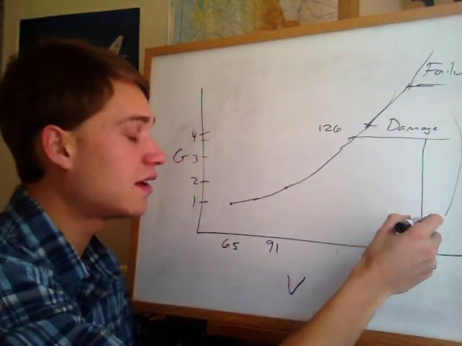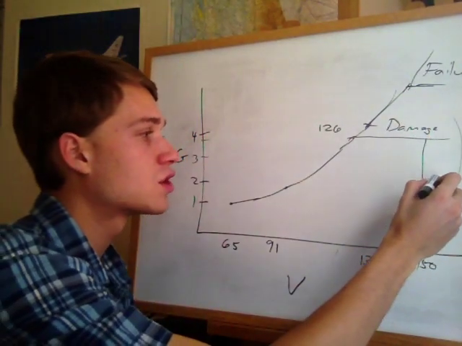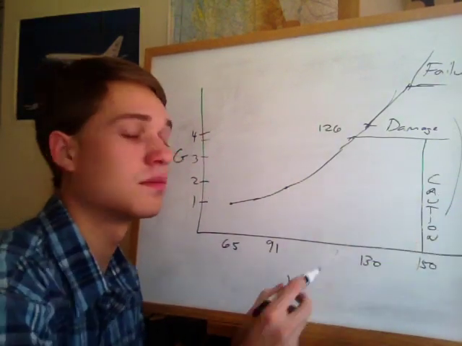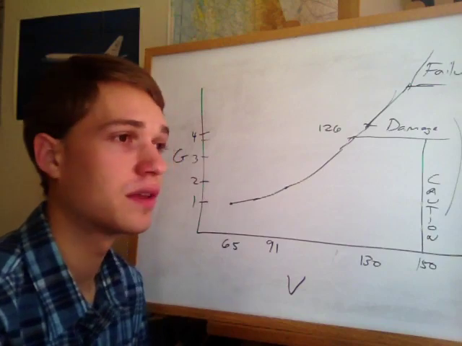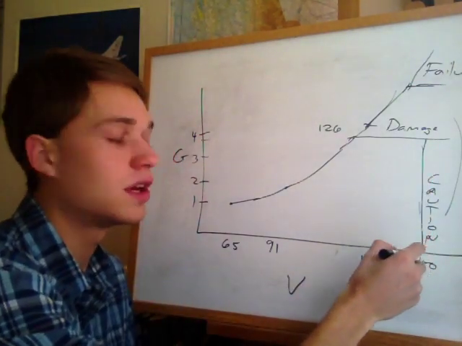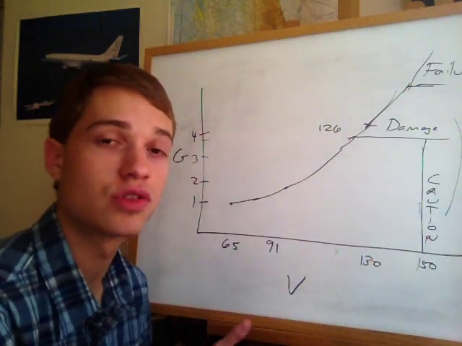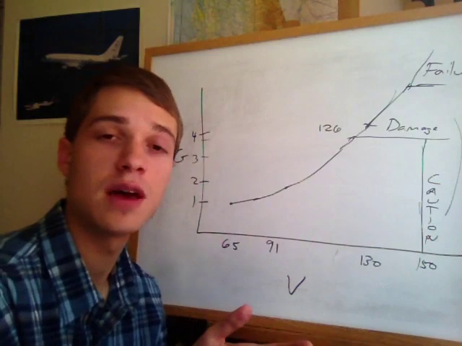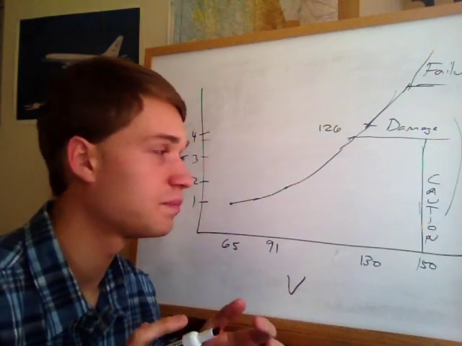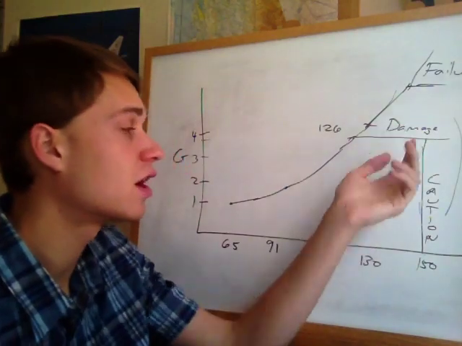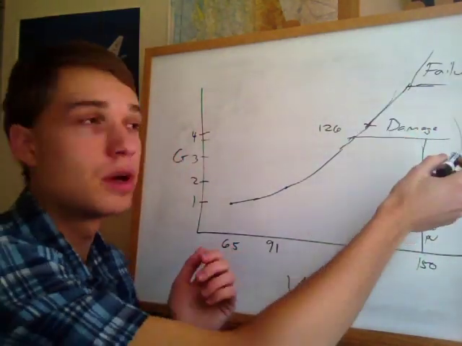And so that is why you only fly in this caution range when the air is completely smooth, when there's nothing more than very slight turbulence. And we call this speed over here maximum structural cruising speed, because anything above here, any type of moderate turbulence is going to bend your airplane because it's going to put too much load on it.